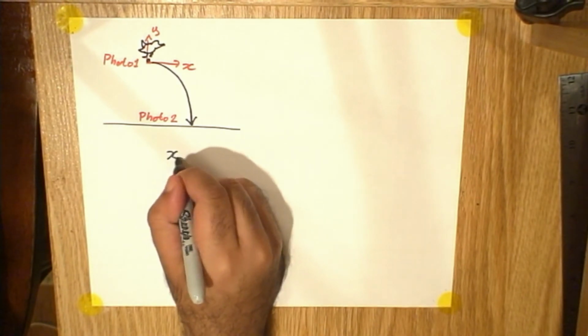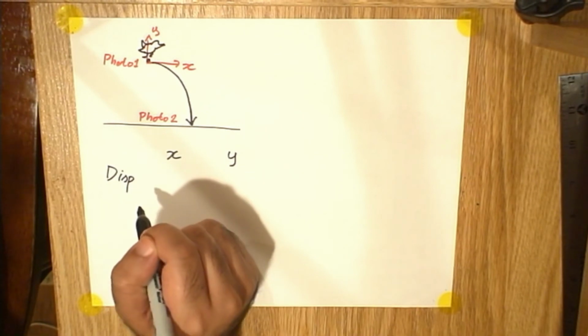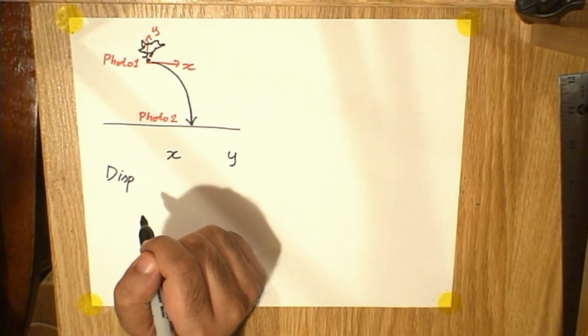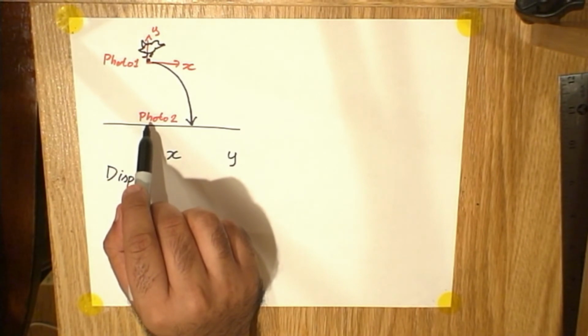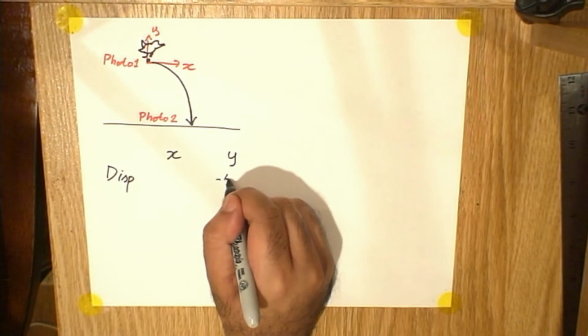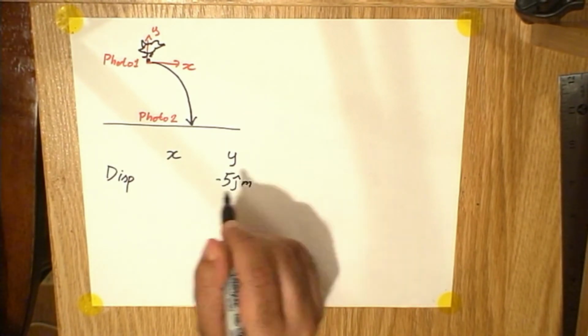So let's think about what are the things that are known and what are the things that we need to find out in this question. We were told that the fish had to travel vertically by 5 meters. Now, because that's the negative direction, its vertical displacement is negative 5 j meters.